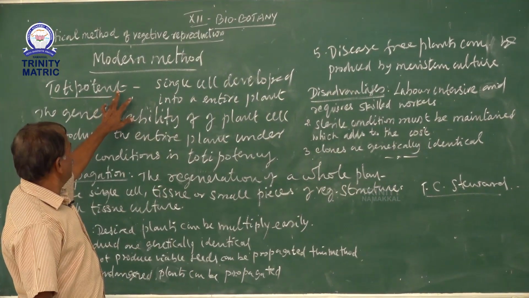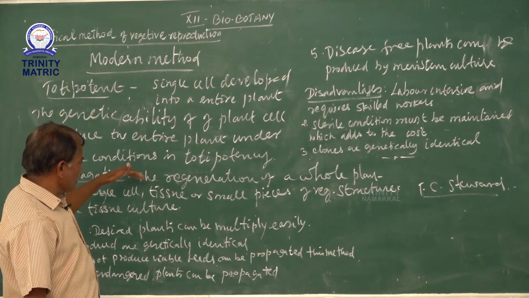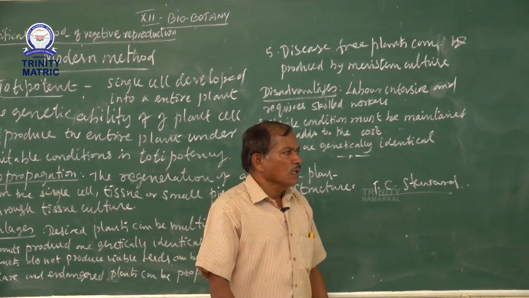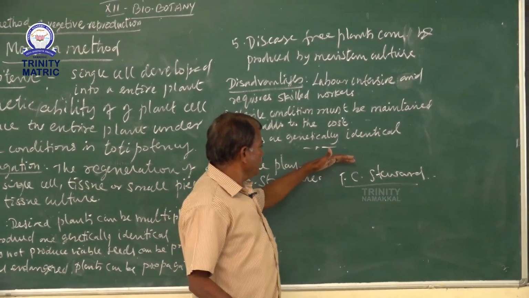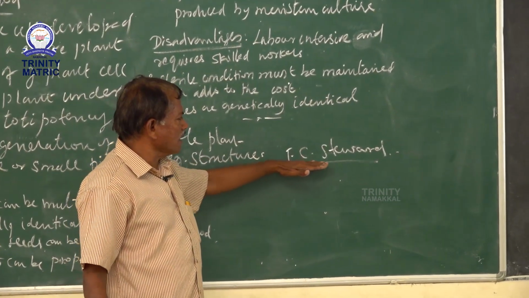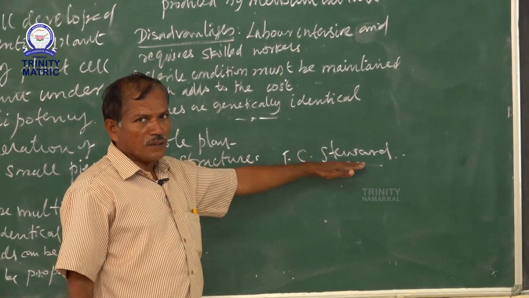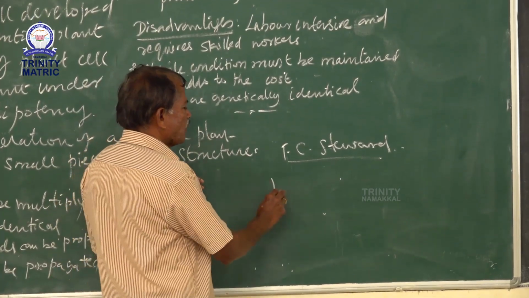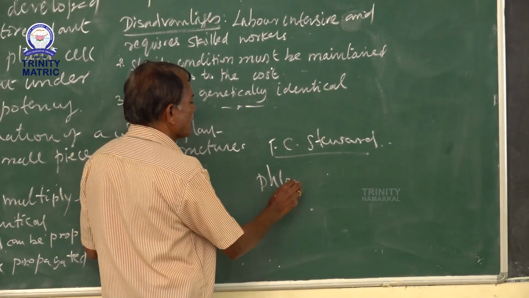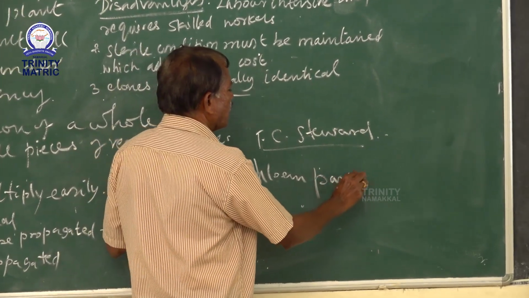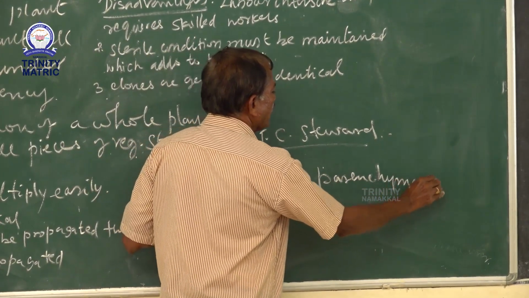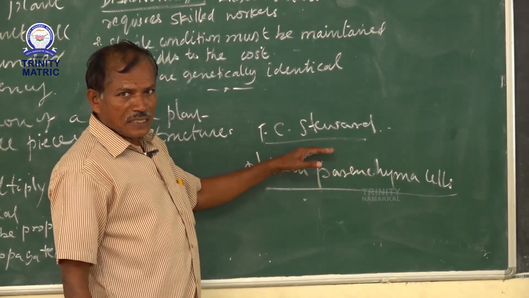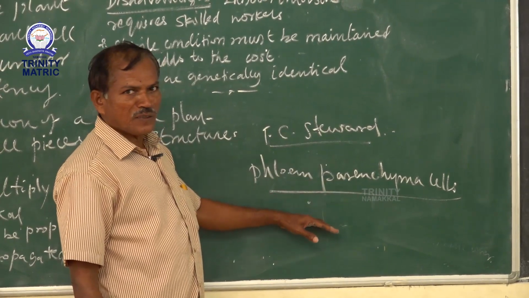In this modern method, totipotency, tissue culture and micropropagation were demonstrated by the famous scientist F.C. Steward of Cornell University. He selected phloem parenchyma cells, and under culture they produced young ones.